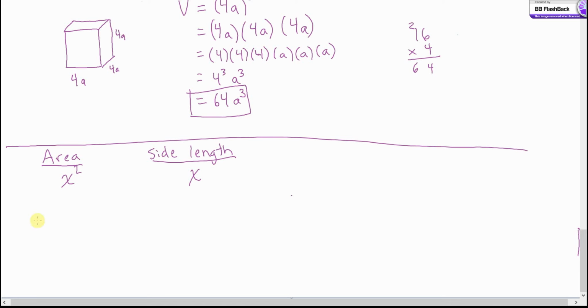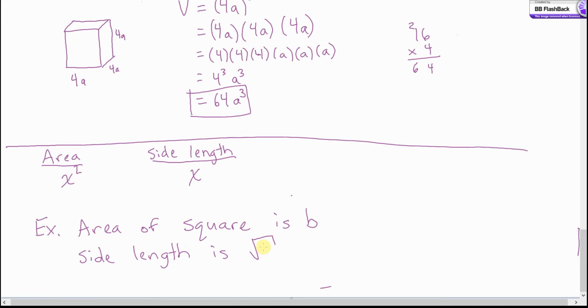So if you have an area, say the area is B, the side length is the square root of B.